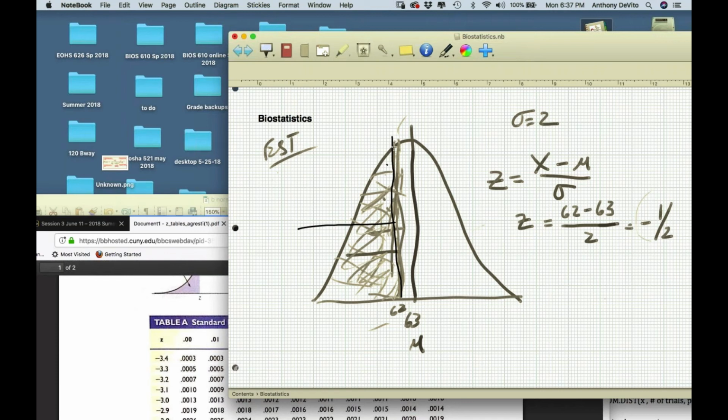So the height here is meaningless to you. In other words, this height really represents a probability of that outcome, with the most likely being the mean, which is why it's at the highest in the middle. But the fact is that any specific outcome basically represents a straight line, which is no area at all. So you don't have to worry about whether it's 62 or less than 62.